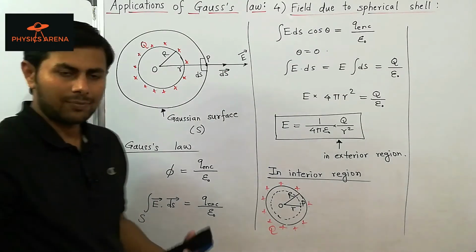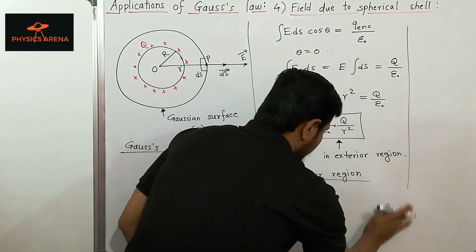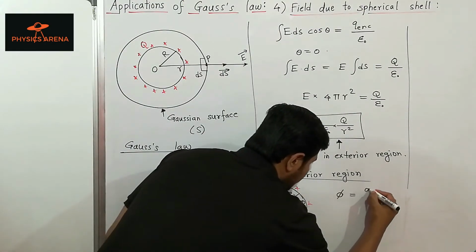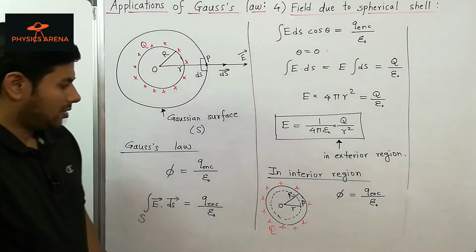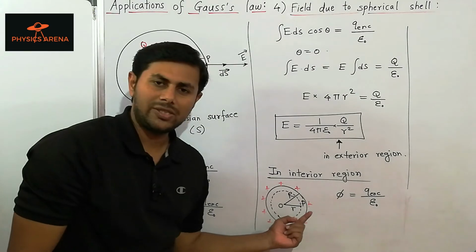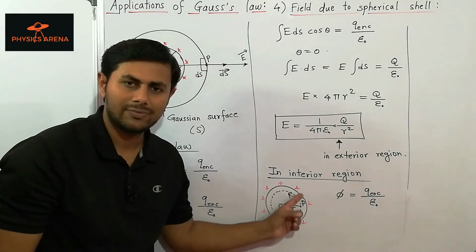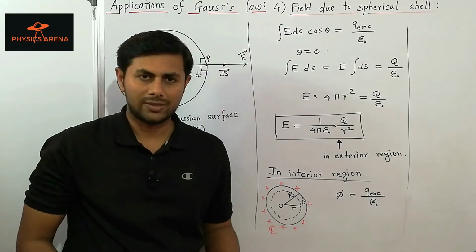Now let's apply the Gauss law. So the Gauss law says flux is equal to charge enclosed divided by epsilon naught. Now how much is the charge enclosed by this Gaussian surface, this inner sphere? The answer is 0.